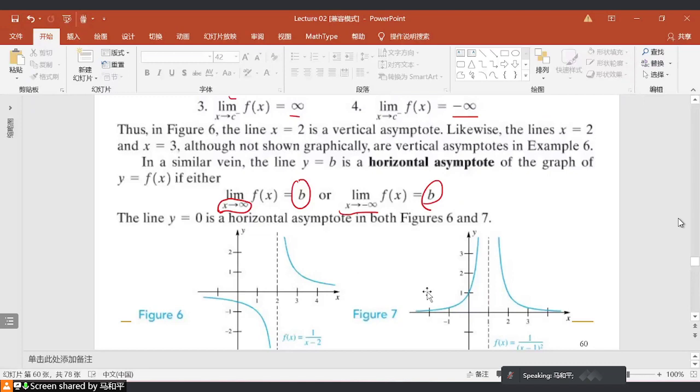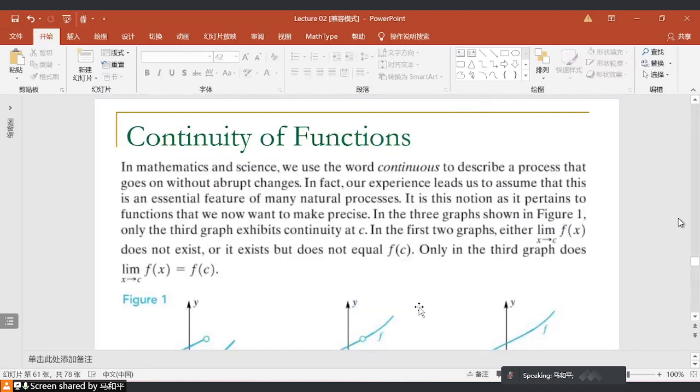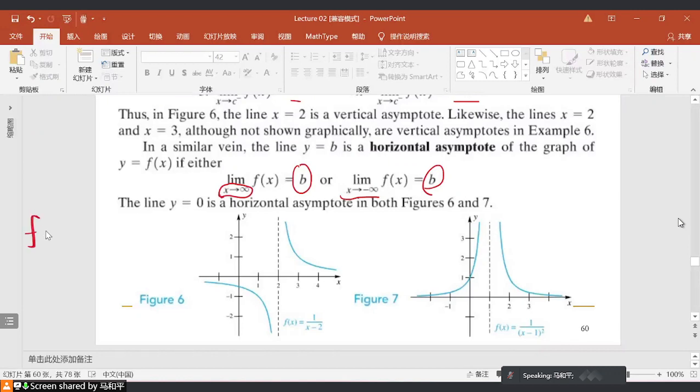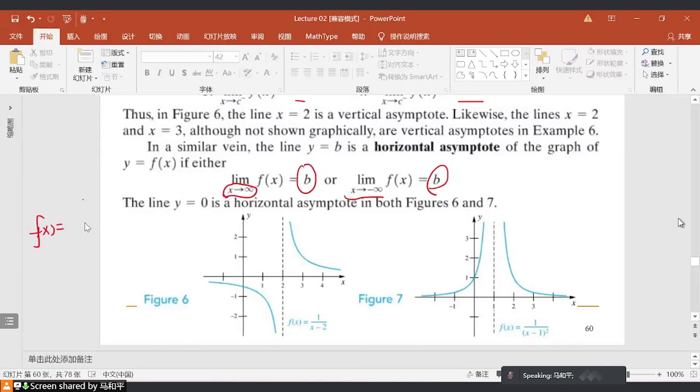Okay, and we will see figure 6. We know this is f(x) = 1 over x minus 2, and the vertical asymptote is x = 2.